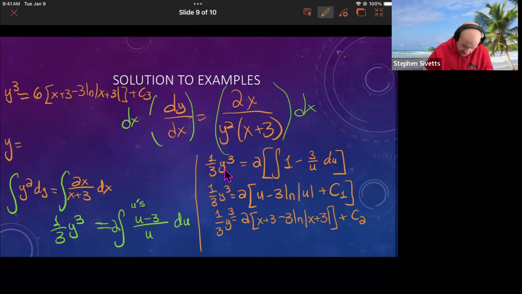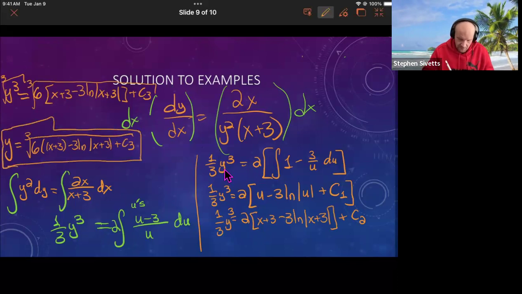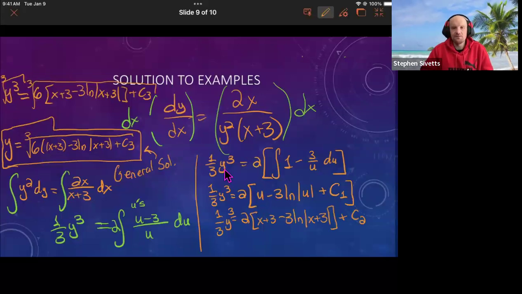And so the particular solution, if we cube root both sides, would equal the cube root of 6 times x plus 3 minus 3 times the natural log of the absolute value of x plus 3 plus C3. C3 is just an arbitrary constant, right? So that right there is the general solution, okay?